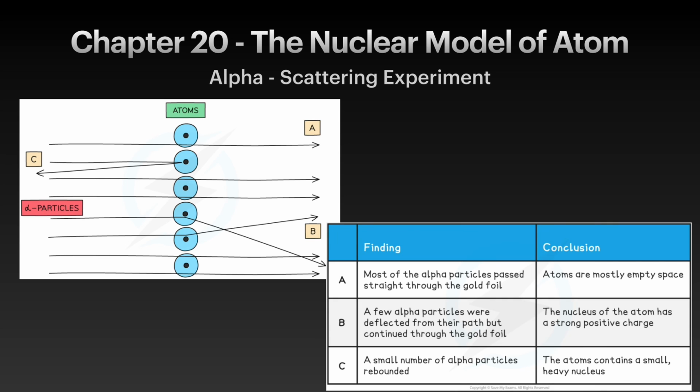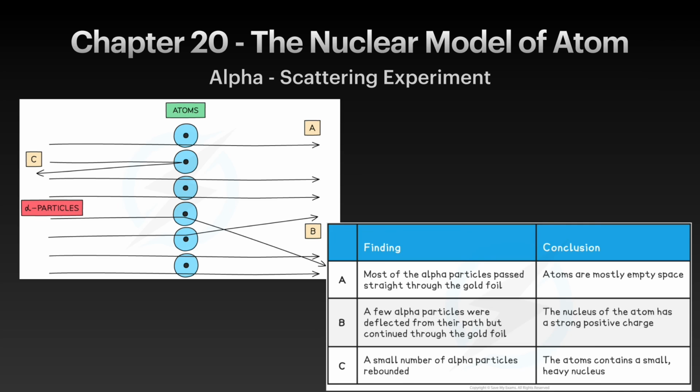The first finding is that most of the alpha particles pass straight through the gold foil without any deflection. The conclusion from this is that atoms are mostly empty space. The next finding is that a few alpha particles were deflected from their path but continued through the gold foil. This concluded that the nucleus of the atom has a strong positive charge.